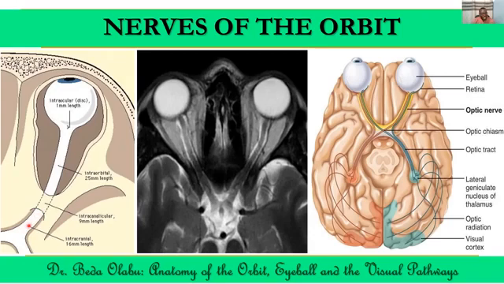We call that the intracranial segment. The right and the left optic nerve meet within the middle cranial fossa. In that region, we call it the optic chiasma. Then from there, we have optic tracts taking the information all the way to the thalamus and all the way to the brain. The second part of this lecture is going to capture that very well, describing the visual pathway.